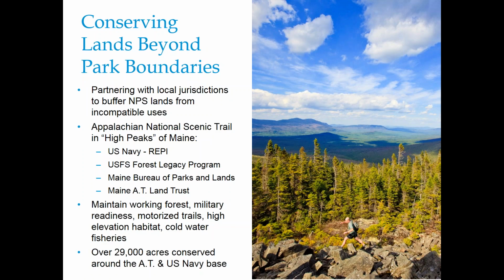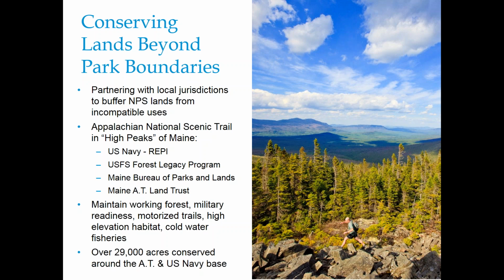So one other way to think about this is that we know that not all of the important conservation properties are within the boundaries of the park unit. And we have a lot of experience working beyond the boundaries and working with local communities to try and buffer park units from incompatible uses. And this slide has a picture of some of our work in the high peaks of Western Maine along the Appalachian Trail.